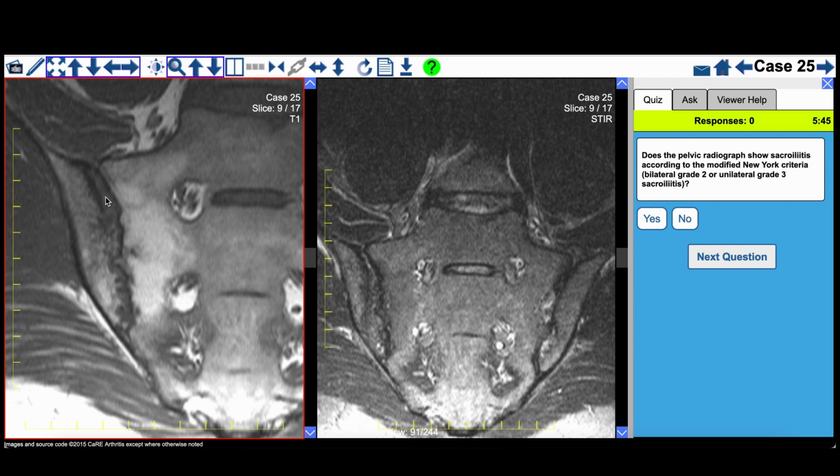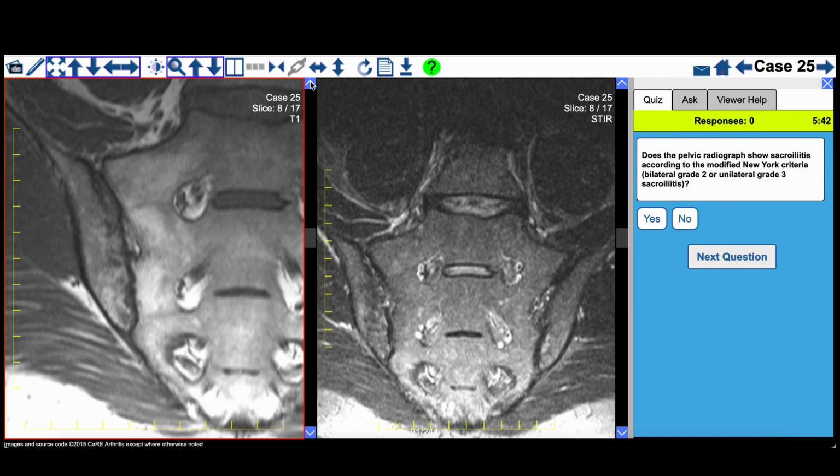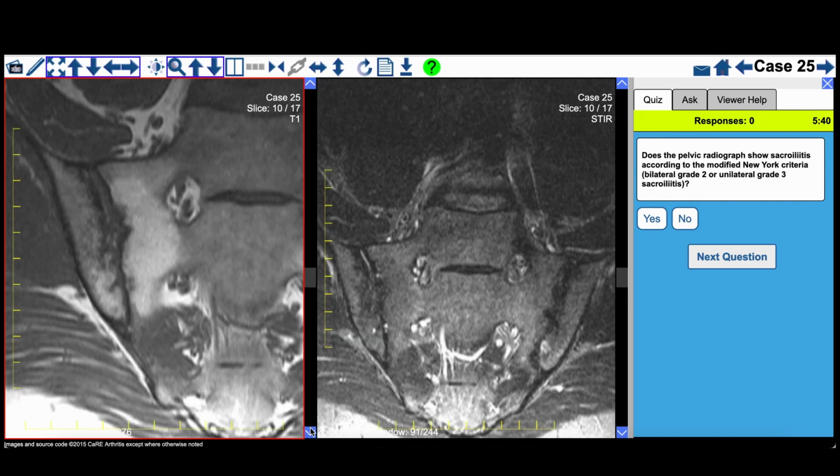So he has bilateral erosion. And in addition, he has this incredibly characteristic post-inflammatory fat metaplasia with a distinct border adjacent to subchondral bone.